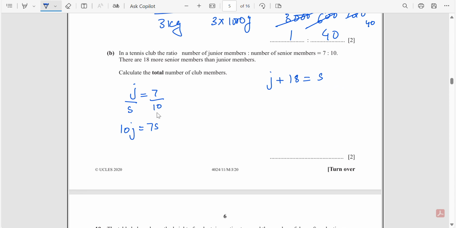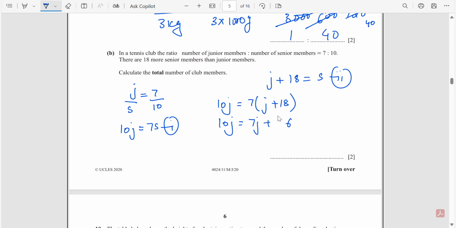So here we have two equations. So from here we know S is J plus 18. So let's put it here. We'll open this. We'll take the 7J here.